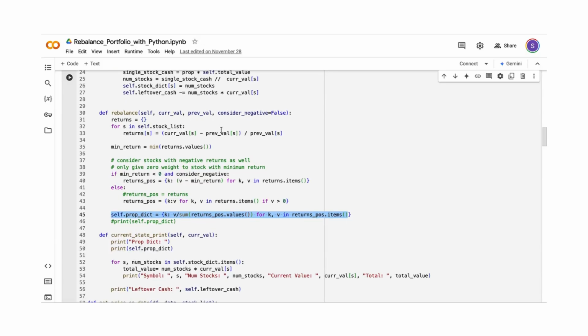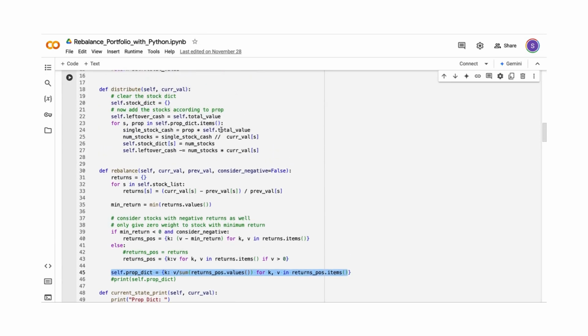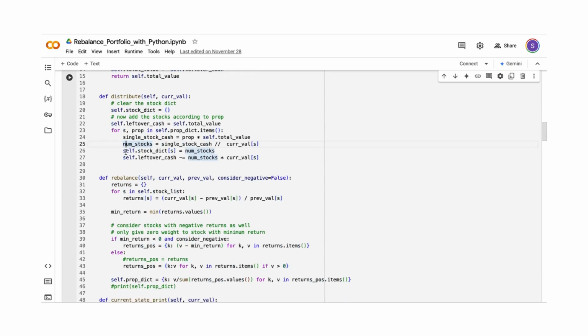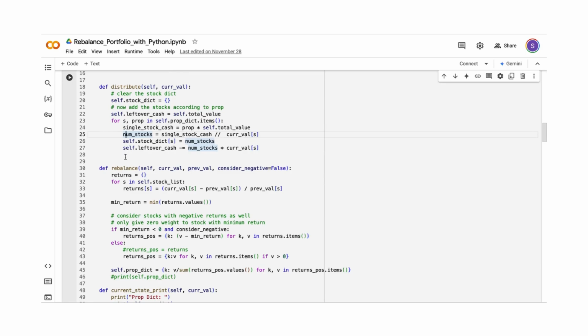And so once we do this, we can distribute the money. The way we distribute the money is that we start with the total leftover cash as the total value, and then we decide how many stocks we can buy for each of these stocks.